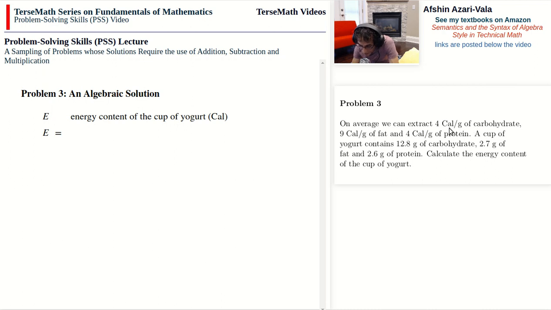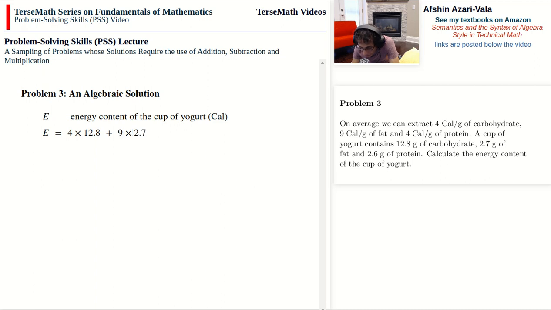We can extract 4 calories per gram of carbohydrate, and the cup of yogurt contains 12.8 grams of carbohydrates. So we multiply the two to find the total energy contribution due to the carbohydrate content of the cup of yogurt. And then to this we add the contribution from the fat content at 9 calories per gram and a total of 2.7 grams.